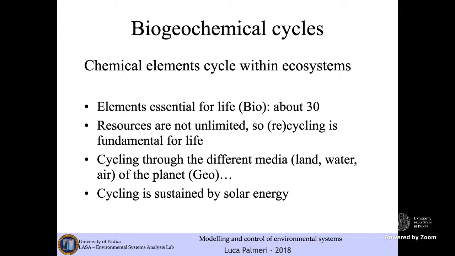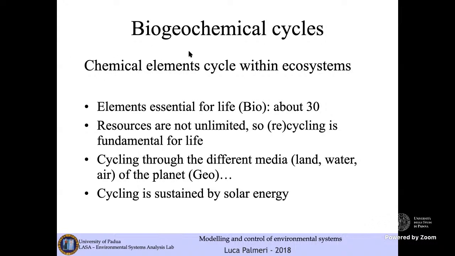We have said that chemical elements cycle within ecosystems. For you now, it should be clear that the only meaningful models of biogeochemical cycles in ecosystems are models that include internal recycling.